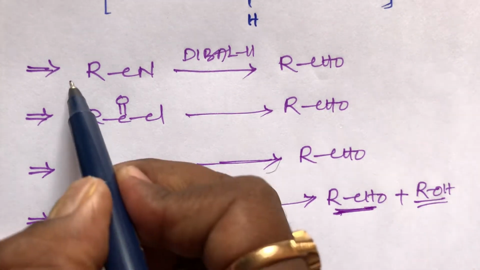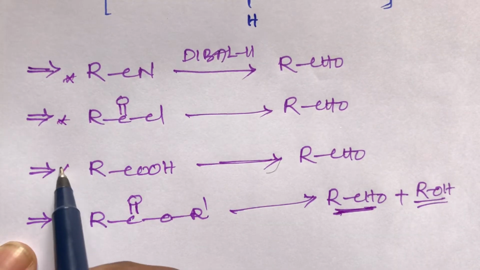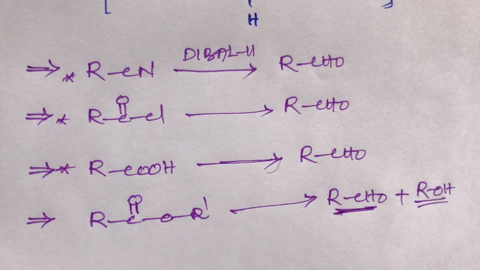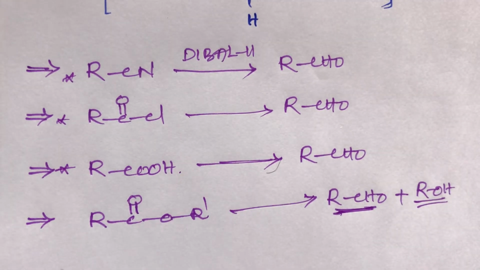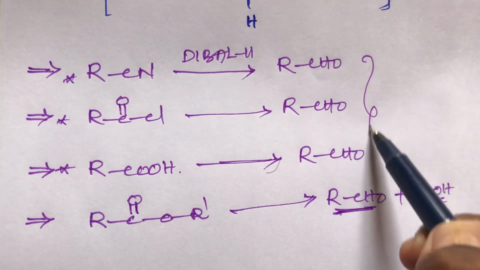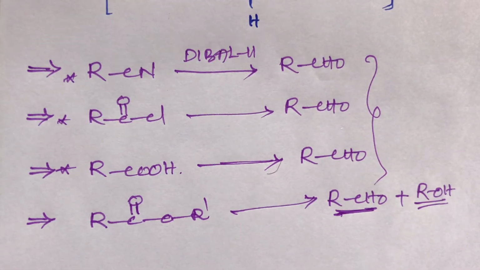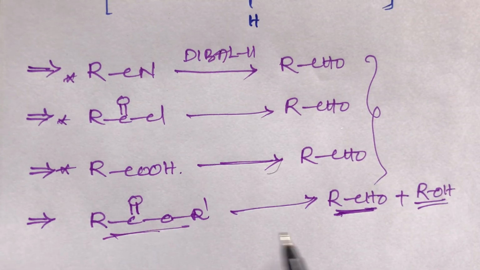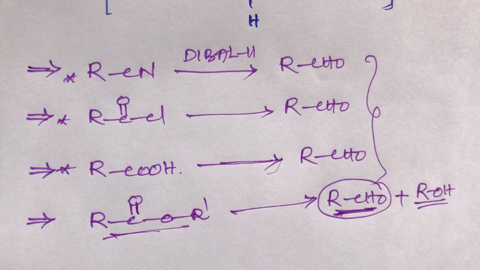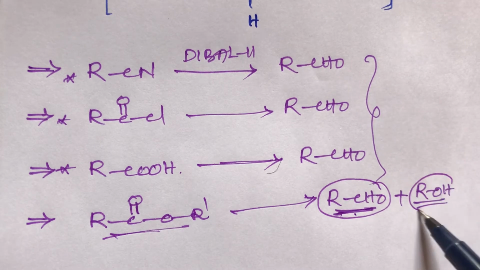So these four are the important properties of dibal. Dibal can reduce cyano group, acid chloride, acid group and ester group. All give aldehyde group, but the ester group gives one mole of aldehyde and one mole of alcohol.